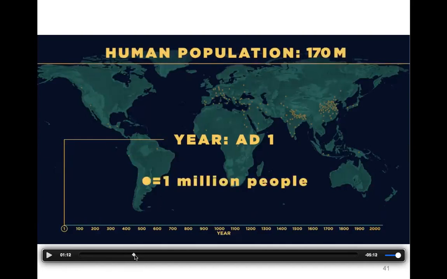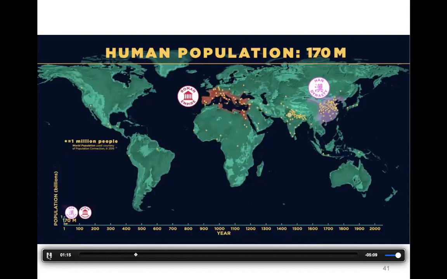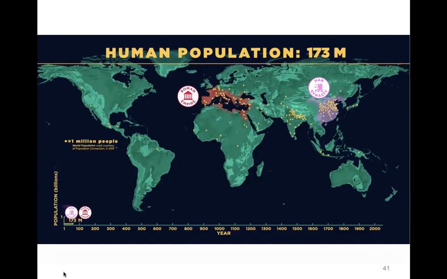Go back to where we were. Yep, there we go. So you can see how the population is increasing on the bottom, 174, 175. And this is just million. There's the Silk Road. We're up to 182 million. So still pretty slow, I guess.